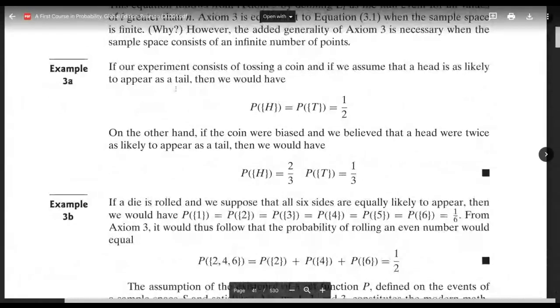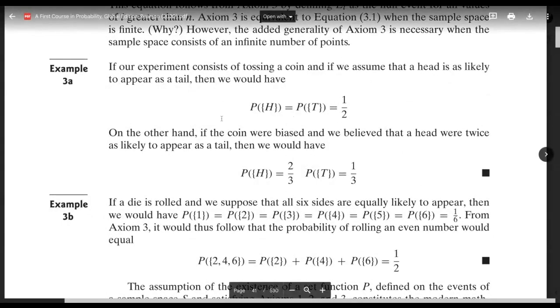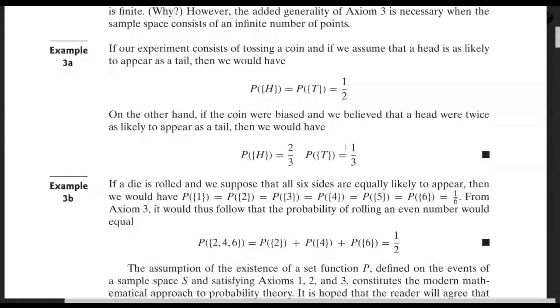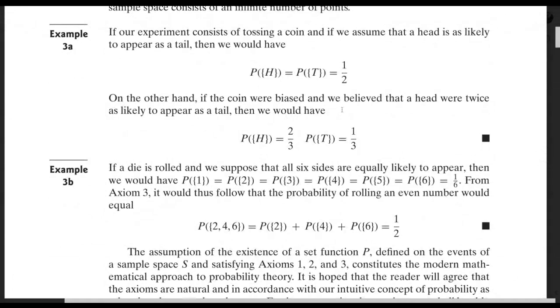Let's see this example. If our experiment consists of tossing a coin, and we assume that the head is as likely to appear as a tail, then we would have the probability of head equals the probability of tail equals half, because it either lands as head or tail. On the other hand, if the coin was biased, right?